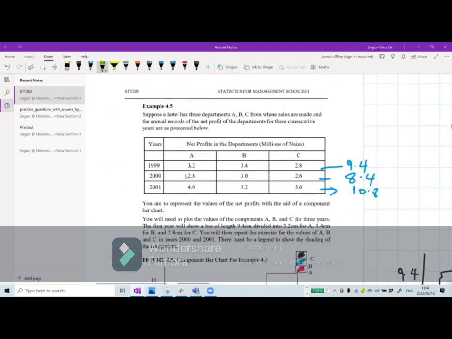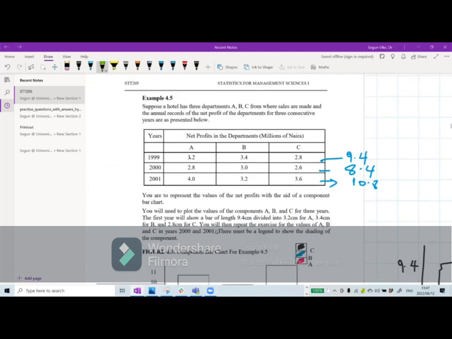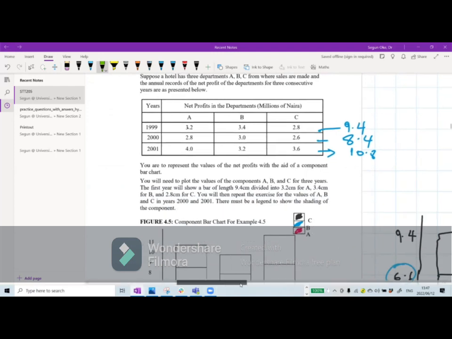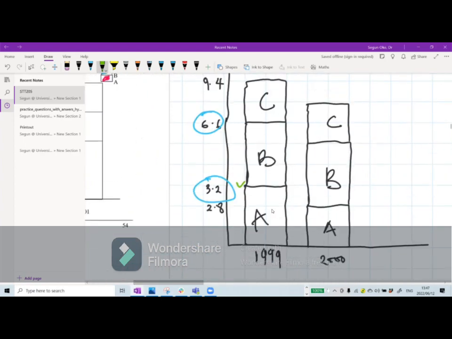Look at it. 1999. 3.2 is the A. 3.2 plus 3.4 for B is what? 6.6. So now you trace from here to 6.6. Because it's the entire year, they must be in a particular bar.